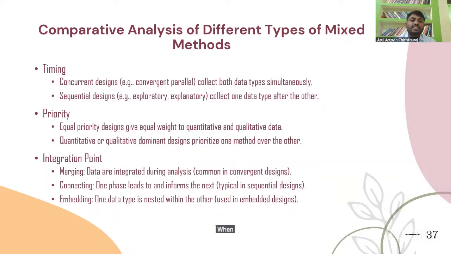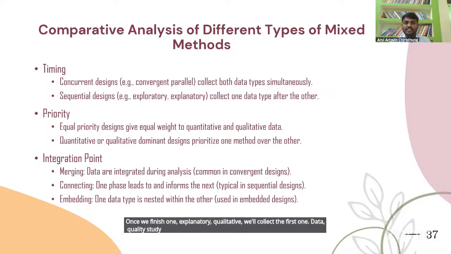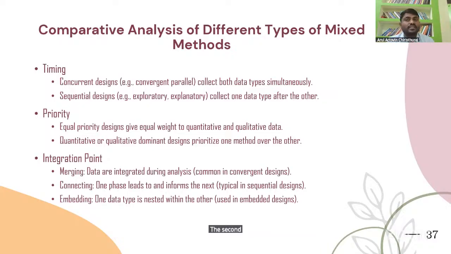When it comes to sequential designs, we collect one first. In explanatory, the quantitative study is done first and the qualitative study second. But in exploratory, qualitative will be first and the quantitative study second. So sequential design collects one data after the other.